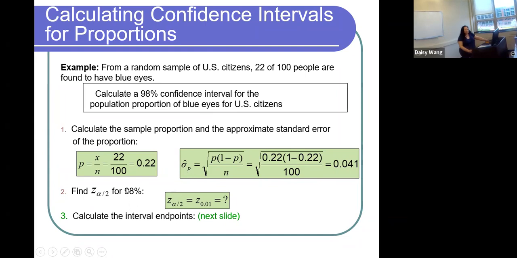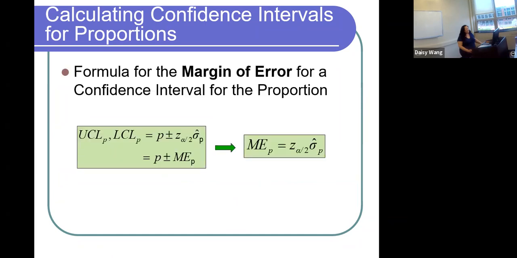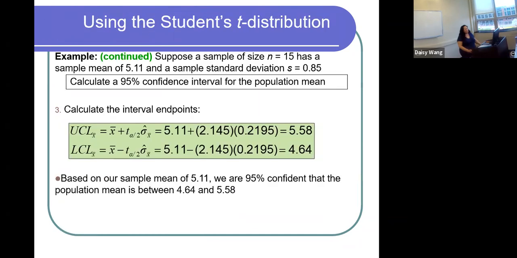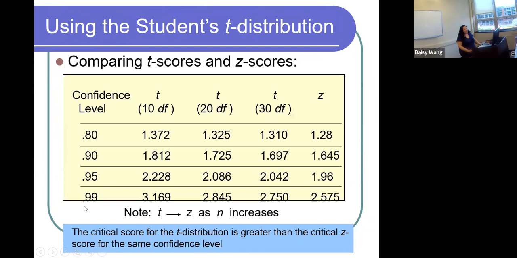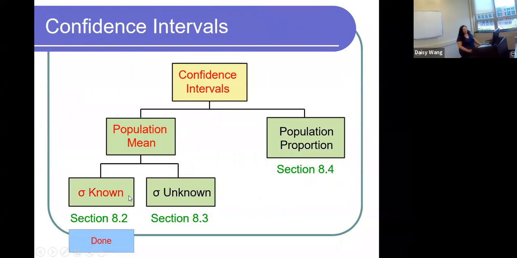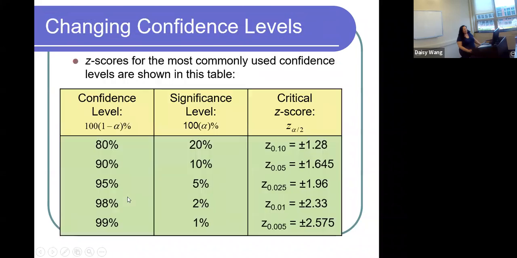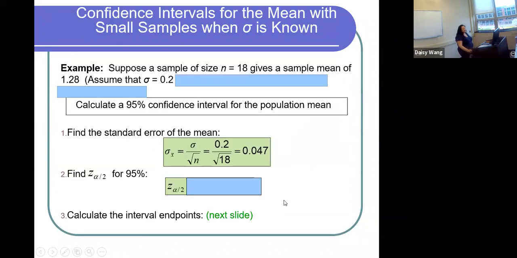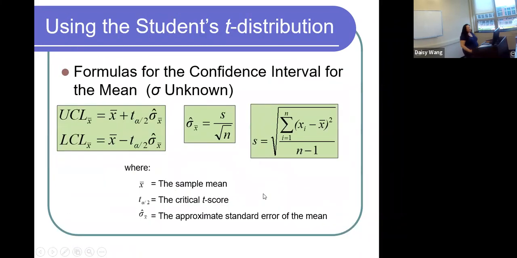And then what is Z for 98%? Is it 2.28? Let me check. I try to remember, but I can't. So here. It's 2.33. Okay, so Z is equal to 2.33.